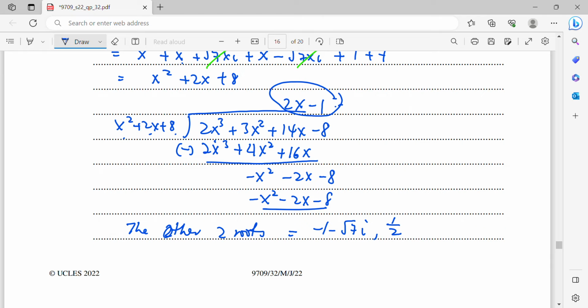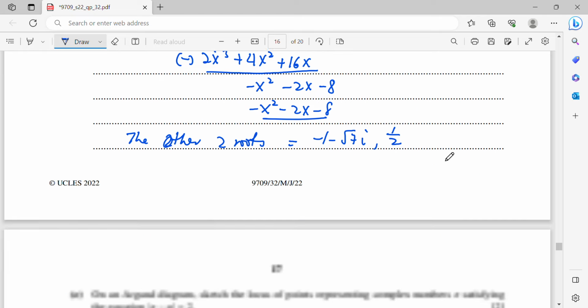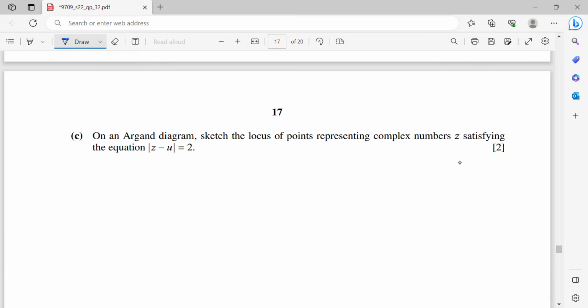Okay. Now C, on an Argand diagram, sketch the locus of points representing complex numbers z, satisfying the equation. So now I will write modulus of z minus 1 plus square root 7i equals to 2.